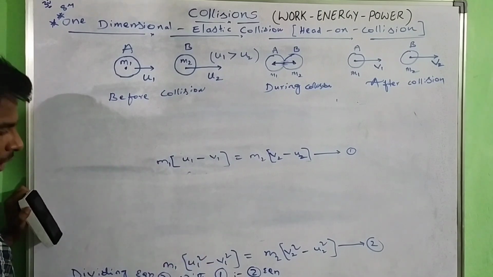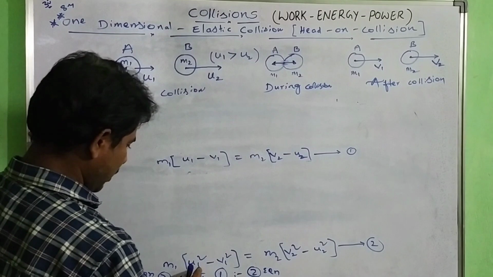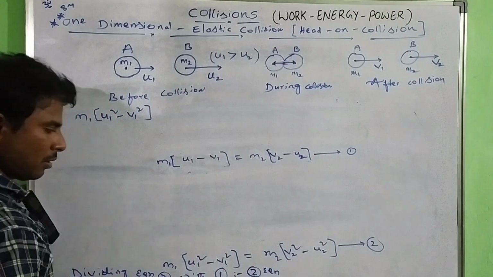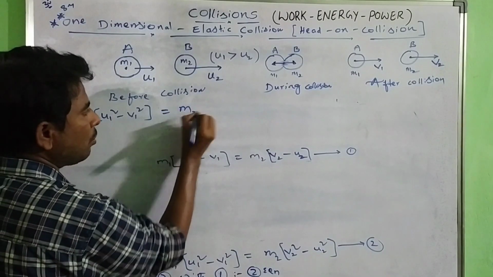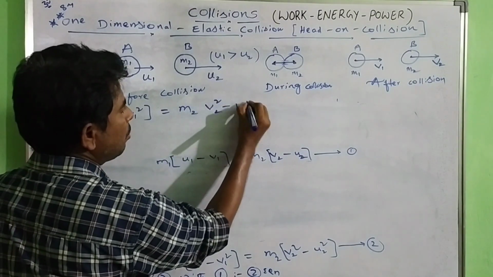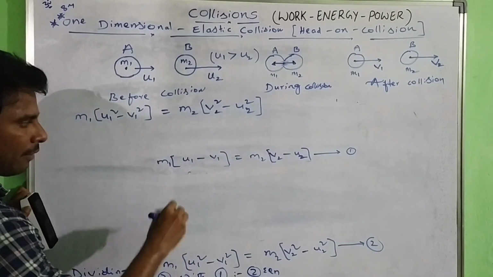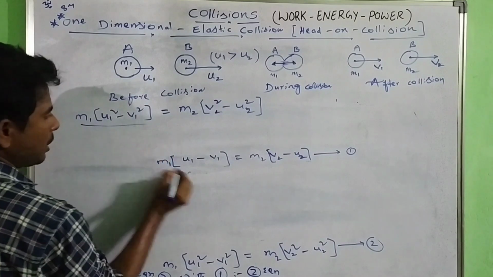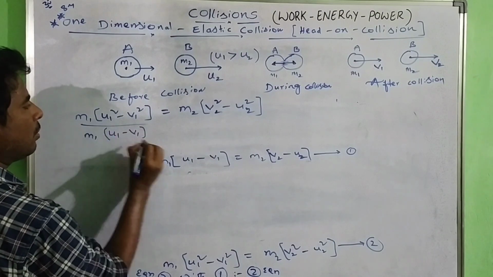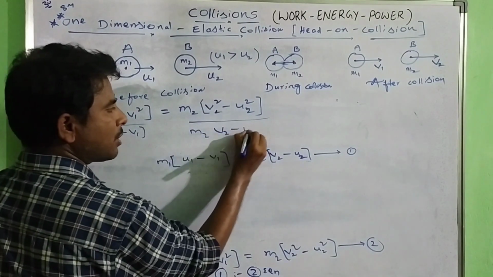The second equation by the first equation is m1 into u1 square minus v1 square equals m2 into v2 square minus u2 square, divided by the first equation, m1 into u1 minus v1 equals m2 into v2 minus u2.